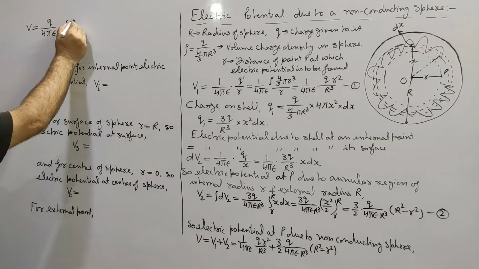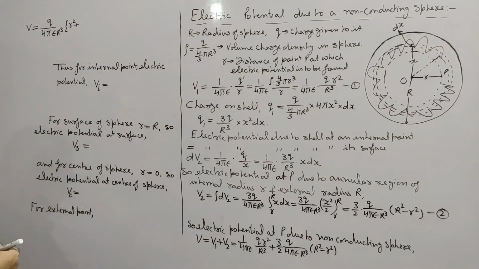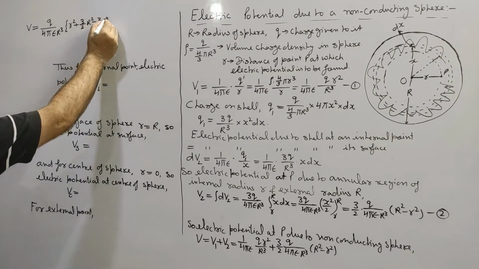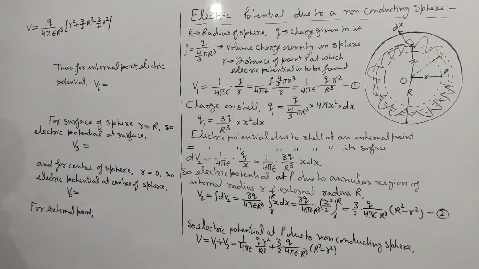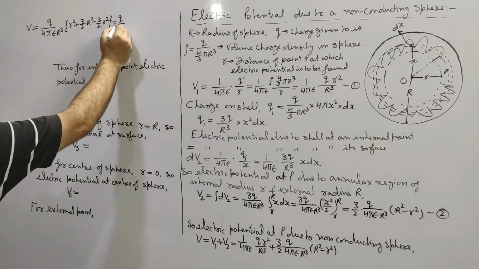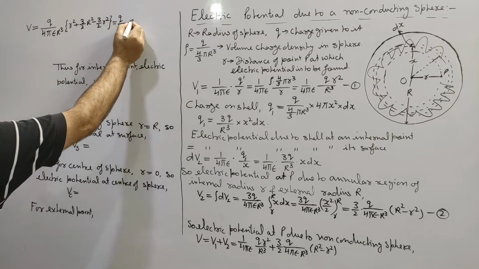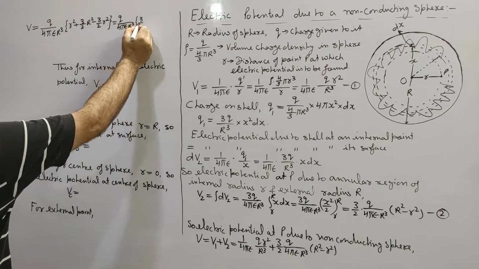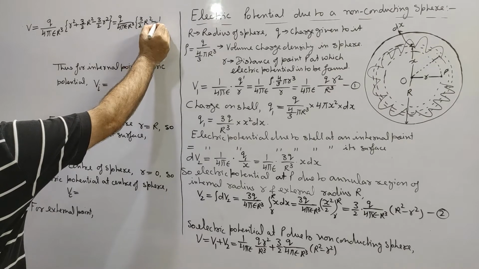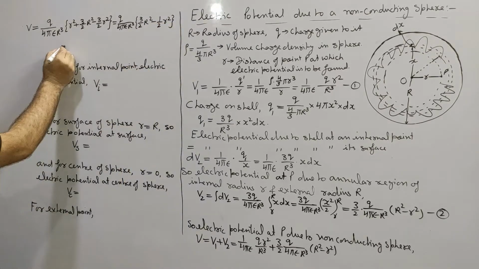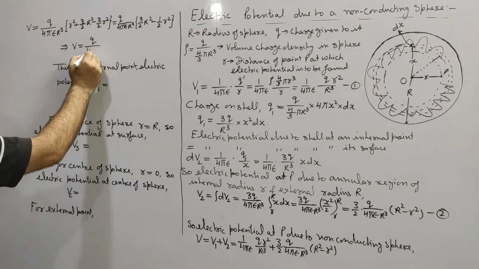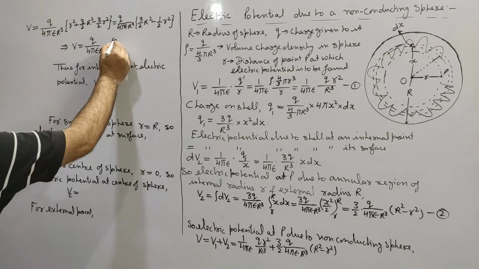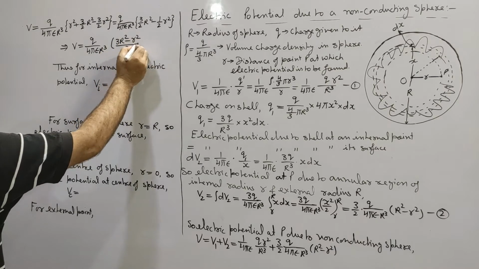So r square plus 3 by 2 capital R square minus 3 by 2 small r square, and this will give q upon 4 pi epsilon r cube into r square positive minus 3 by 2 r square, means 3 by 2 capital R square minus 1 by 2 small r square, and this implies V is equal to Q upon 4 pi epsilon r cube, and within the bracket it will be 3R square minus r square divided by 2.